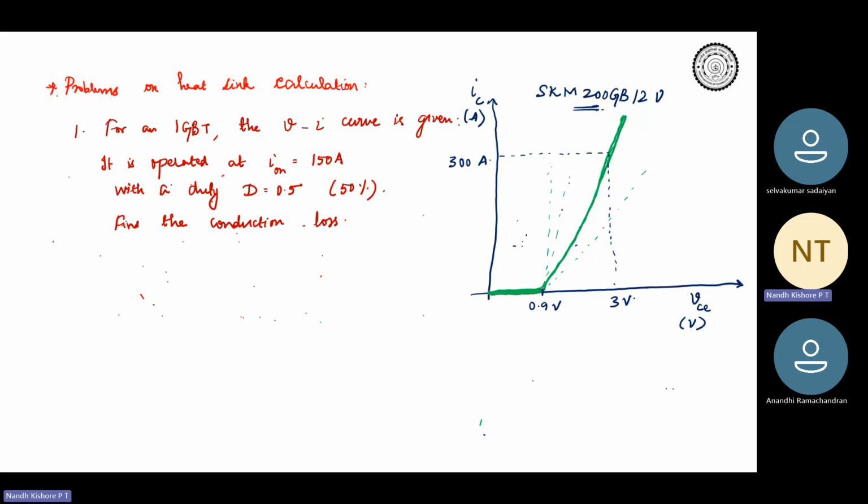Let's say that this is operating in a buck converter, at an on-state current of 150 amperes. That is, the device current is 150 amperes with a duty of 0.5. The question is to find out the conduction loss.